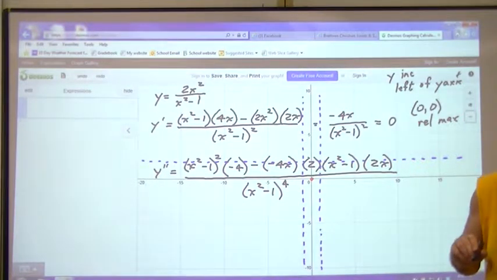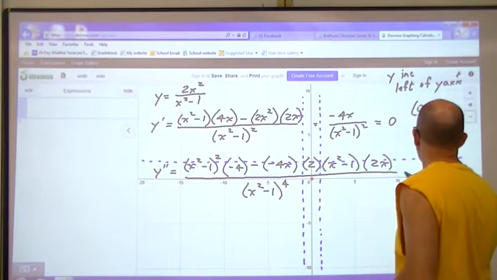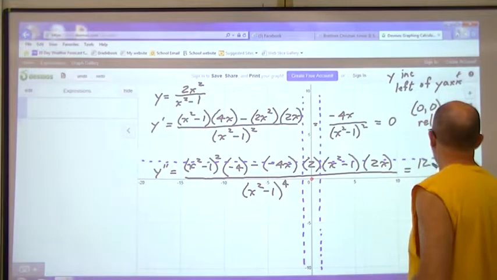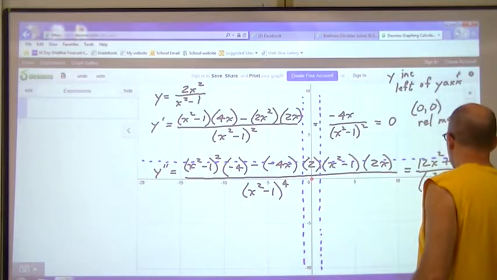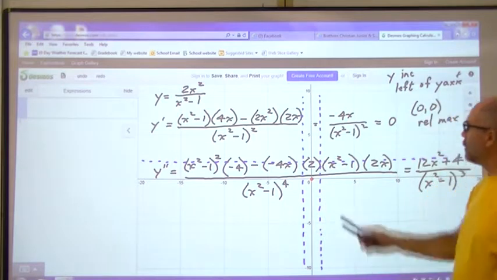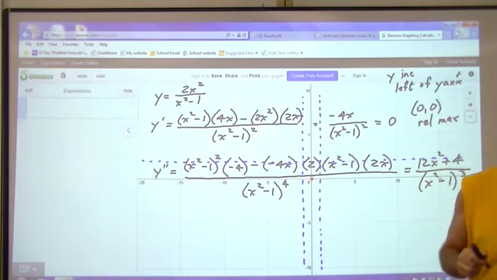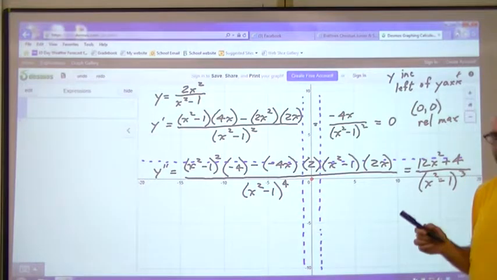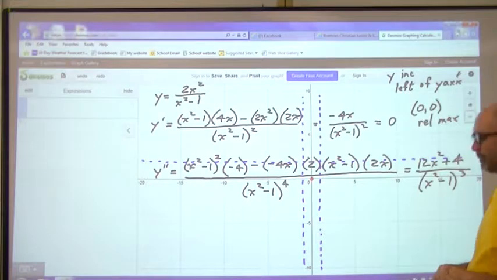It comes out 12x squared plus 4 over x squared minus 1 cubed. Now you can do that on your own and just make sure I did it right, but that's what I'm seeing. Now, this is the second derivative.